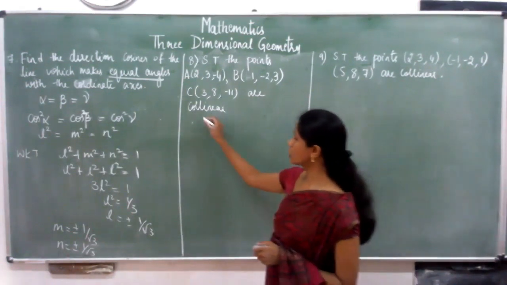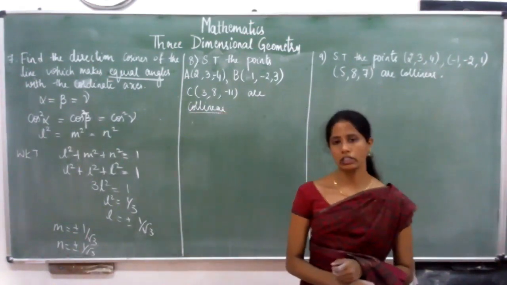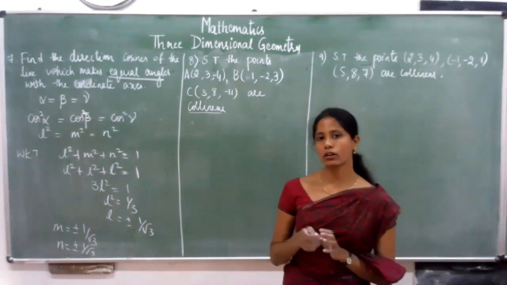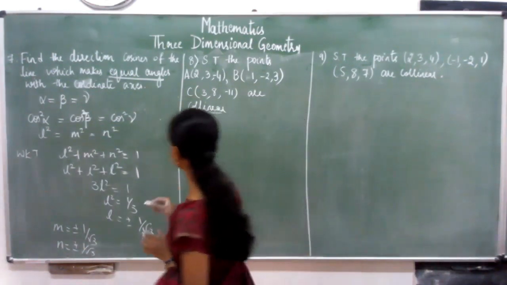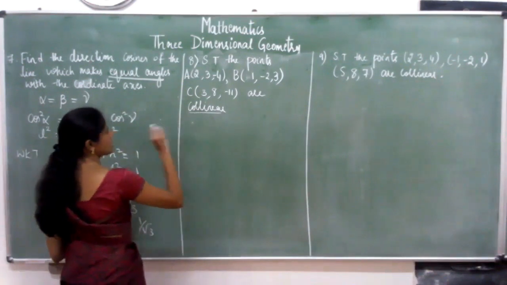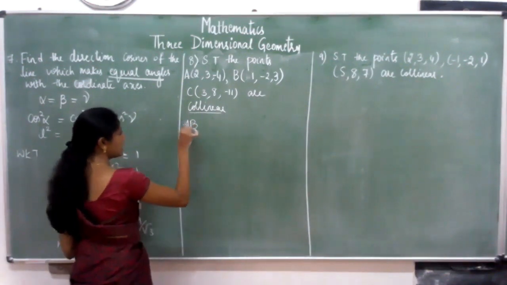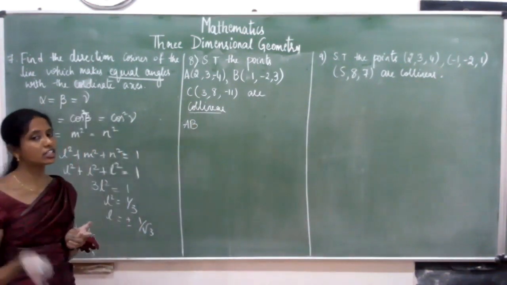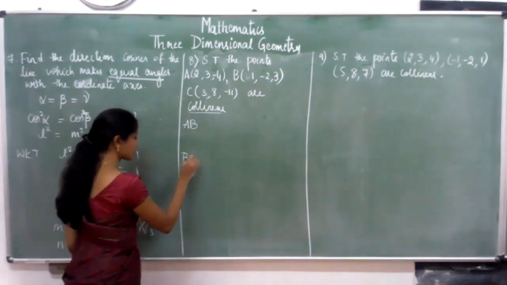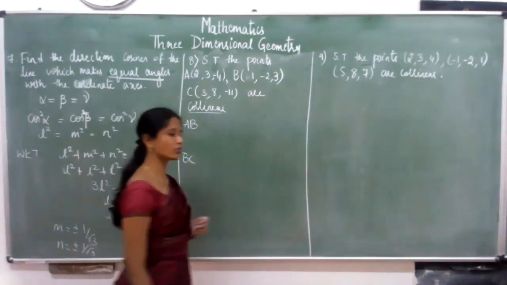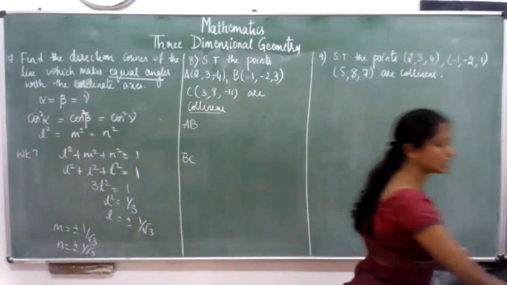Next, we need to show that these points are collinear. In order to show that these points are collinear, first let us find the direction ratios of AB and the direction ratios of BC.